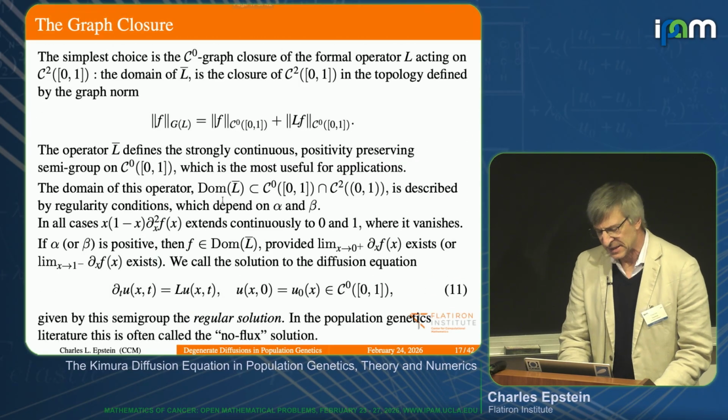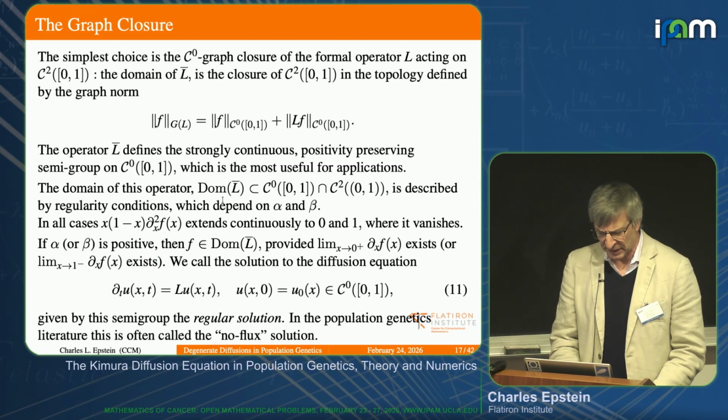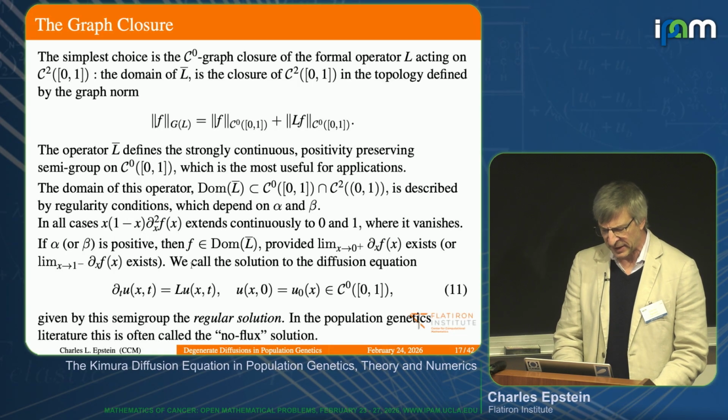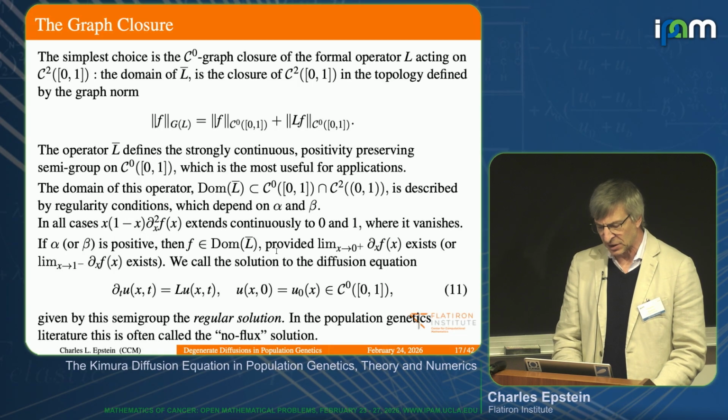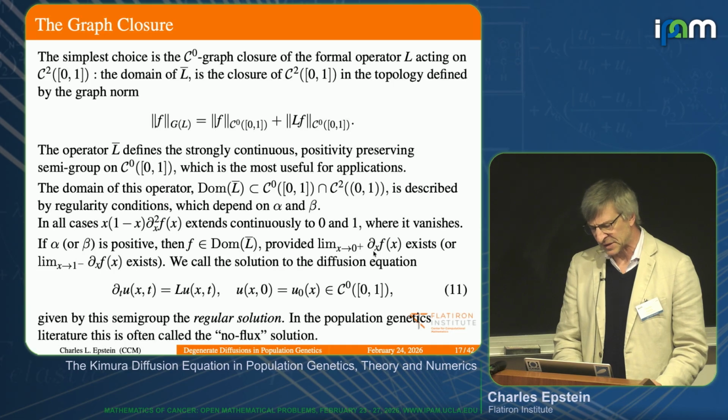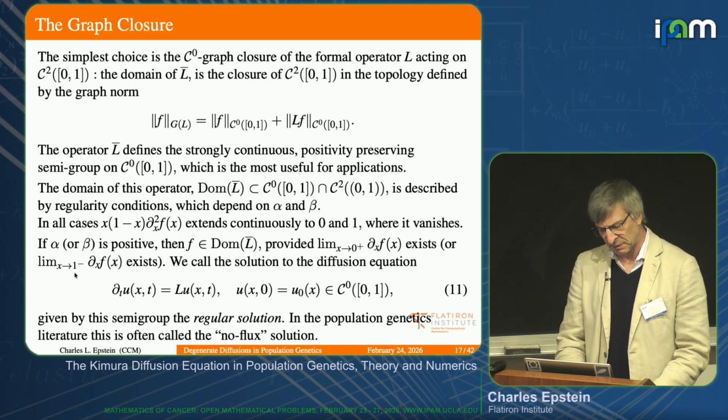If alpha is positive or beta is positive, then a function is in the domain provided that the first derivative has a limit at that boundary point. So if alpha is not 0, the first derivative has to have a limit at 0. If beta is not 0, the first derivative has to have a limit at 1.